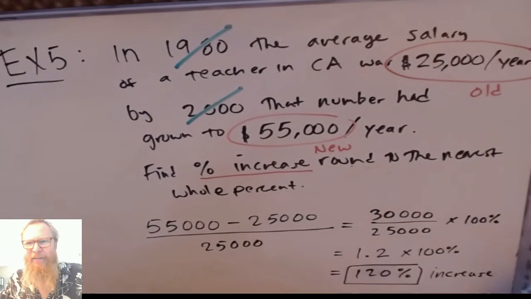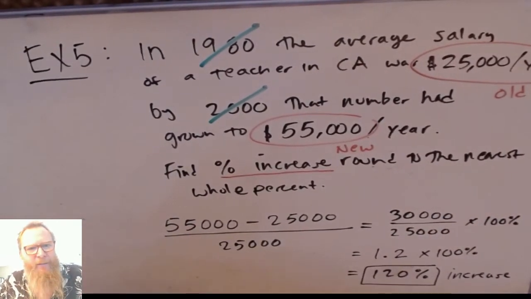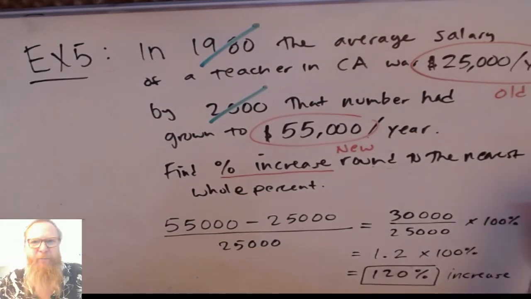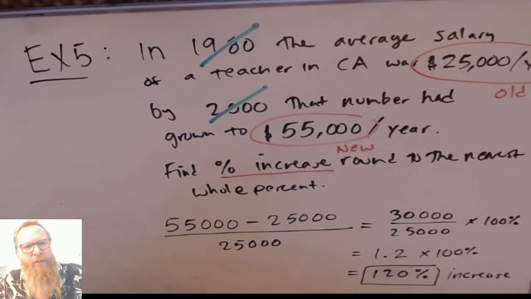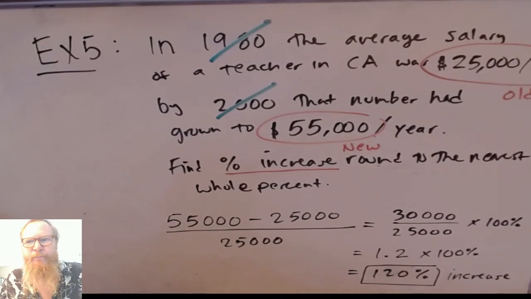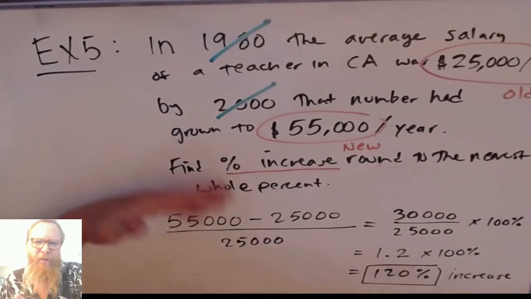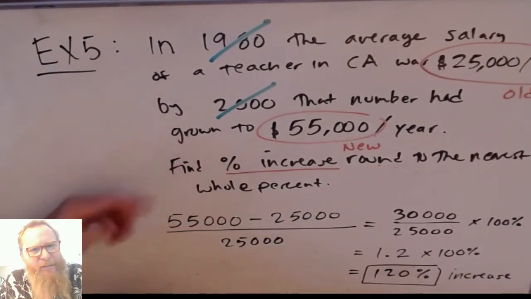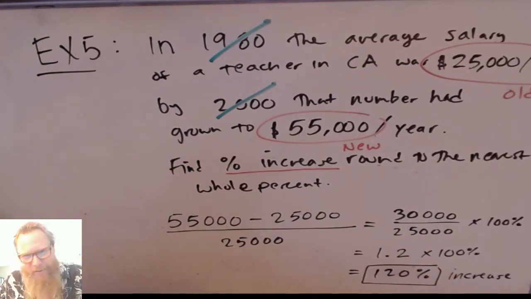And that's the kind of thing that you'd read about in a report or an article or something. Salaries of teachers have increased by 120% over 20 years. So it makes it sound like, oh yeah, we're doing a great job. Now the one thing they don't include in a problem like this, well, the costs of housing has gone up, the costs of food and clothes and cars and gas and everything else has gone up too.